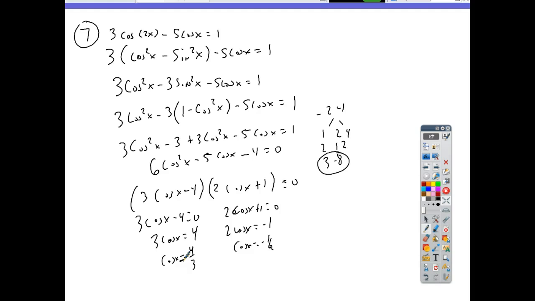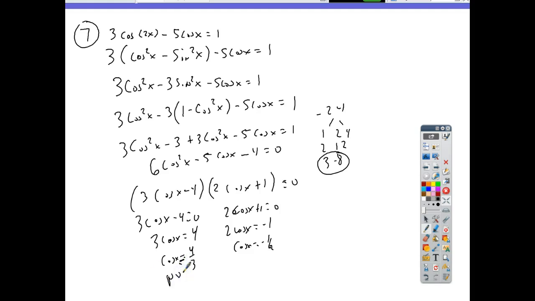It's not on your charts. It makes you suspicious. But it's more important than that. What's the highest value of cosine I can get? It's the highest I can get on my cosine curve. 1. What's the lowest I can get? Negative 1. 4/3 is bigger than 1, right? So that's a no.